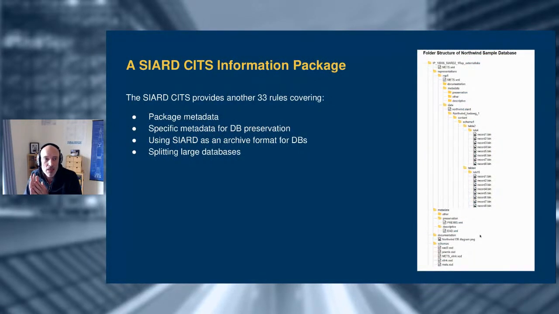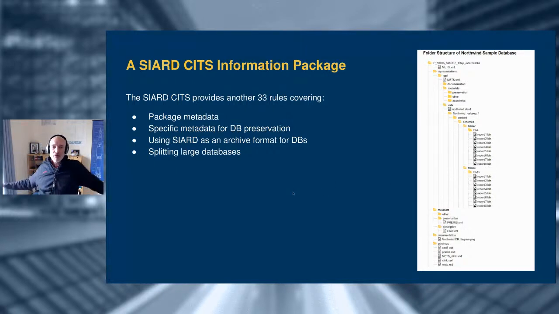And this is the CITS package that we actually just validated. This is the diagram of that package on the right. So you can see the layout here. And again, you have this idea of individual representations with their own METS file, CITS data files, and then the binary files that are actually the original raw database files.